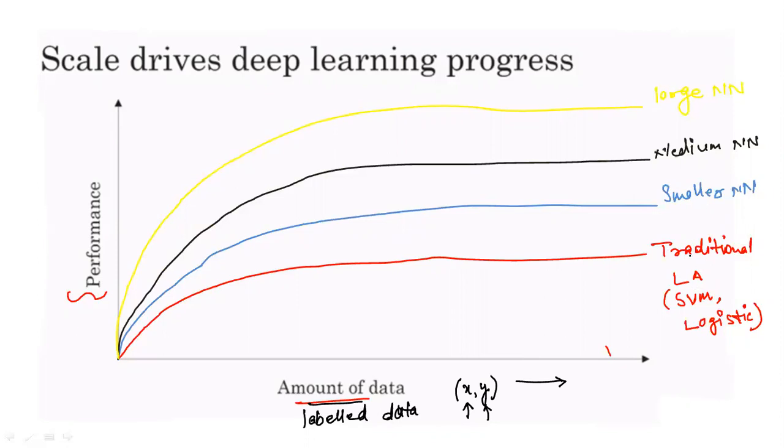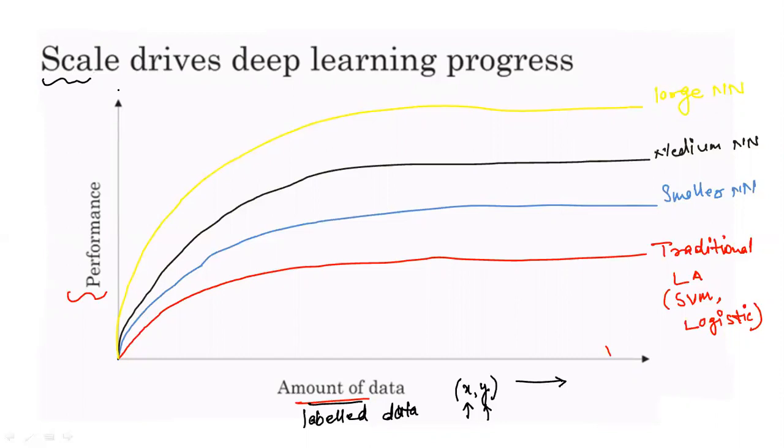But as we move on to larger neural networks, more and more computation power and more data is required to train the model.